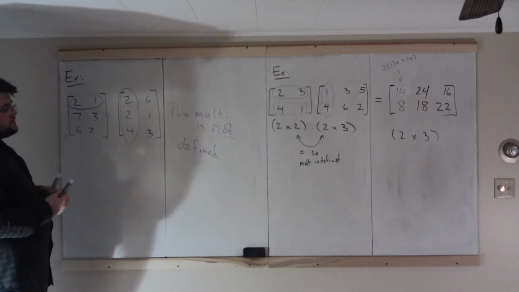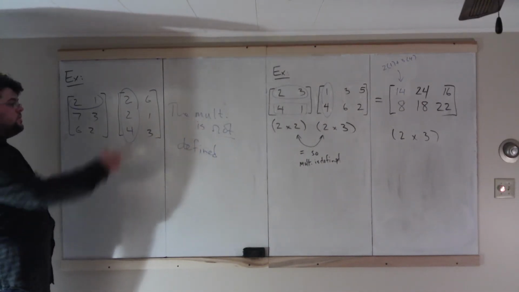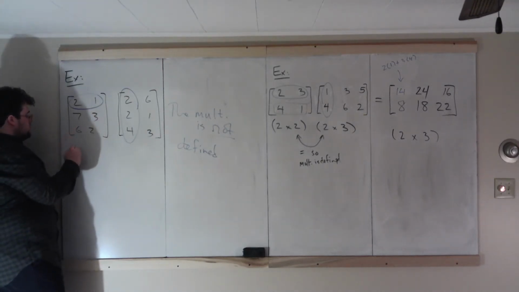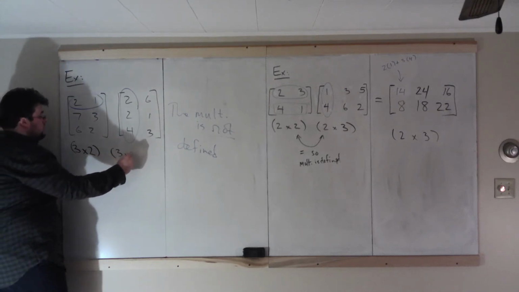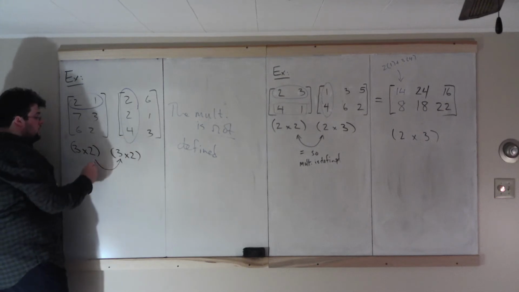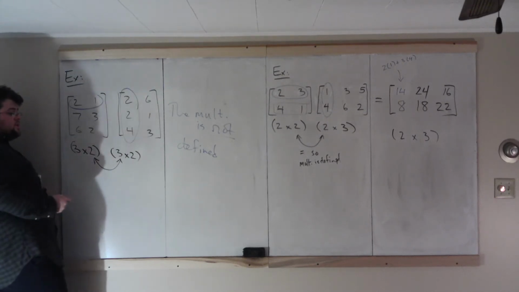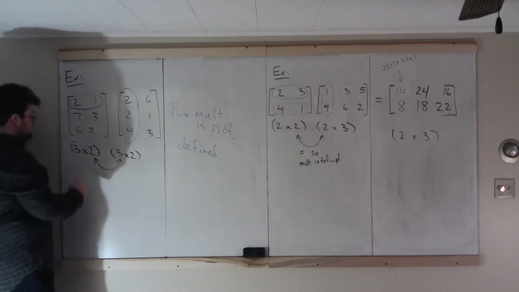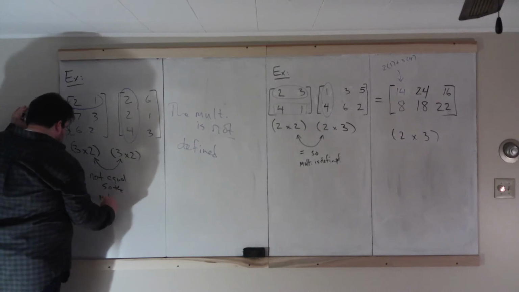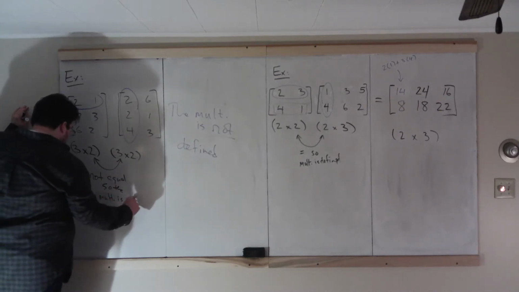So that's directly using row by column. What if you did want to do the argument like that? Well, what would we have here? We have 3 rows and 2 columns times 3 rows and 2 columns. Remember, the multiplication is defined if those are equal. So I'll say not equal. So the multiplication is not defined.